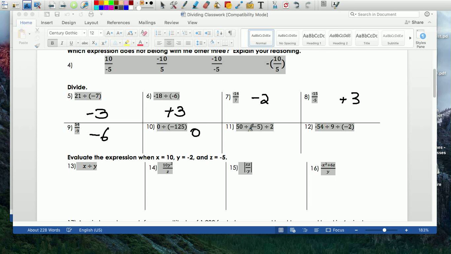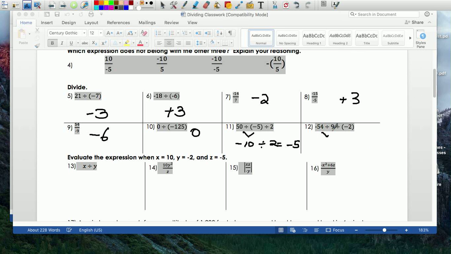Over here, it's 2 operations, 2 divisions, so I'm going to do this left to right. 50 divided by negative 5, it's a positive divided by a negative, so I get negative, and 50 divided by 5 is 10, which I'm then going to divide by 2. So 10 divided by 2 is 5. Let's talk about the signs now. It's a negative divided by a positive, so it's a negative. Over here, same thing.